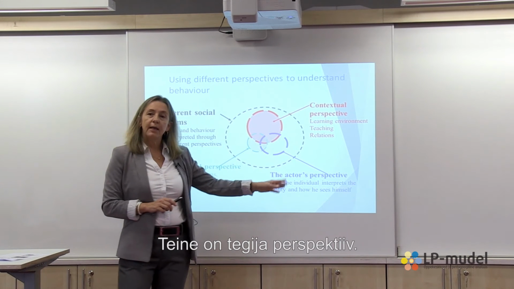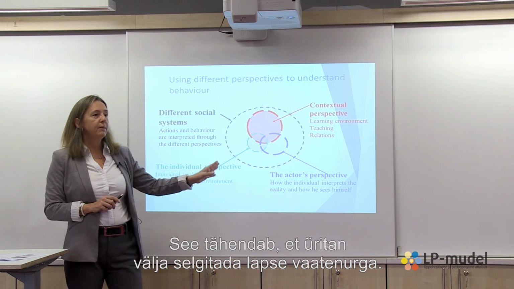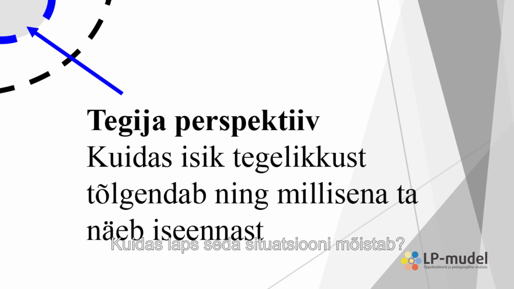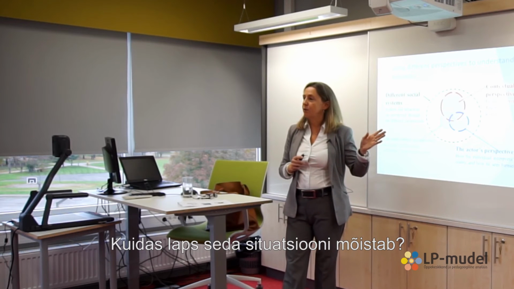Another perspective is the actor's perspective, which means that I try to find out how this looks from the child's point of view. What is the child's understanding of the situation?